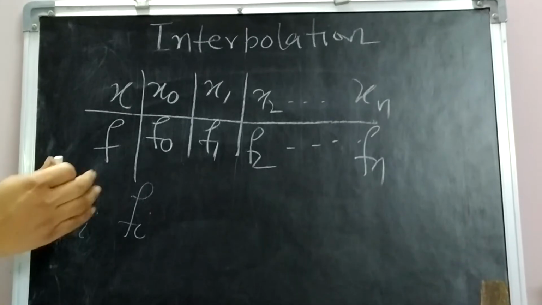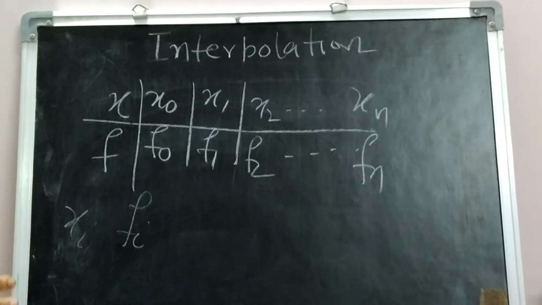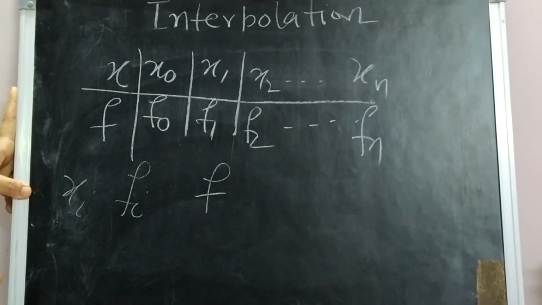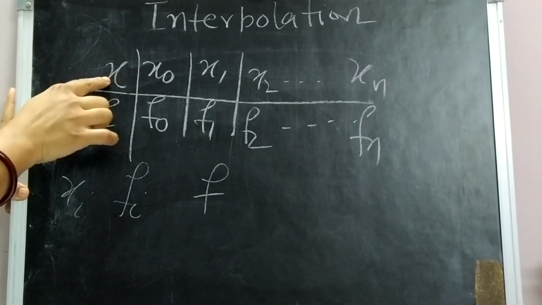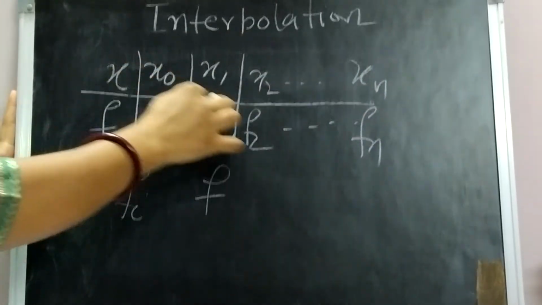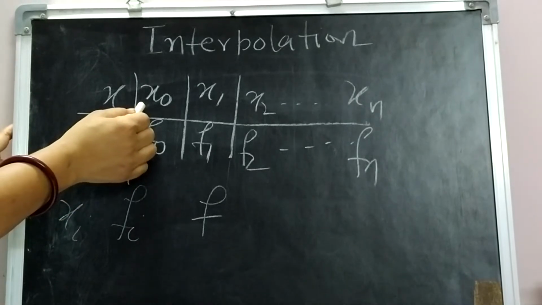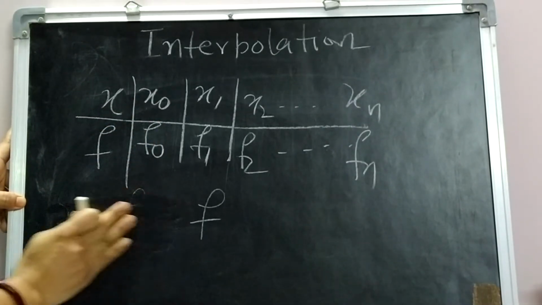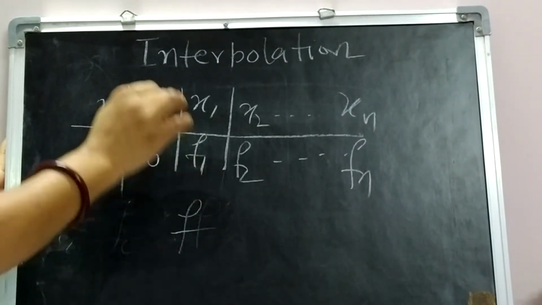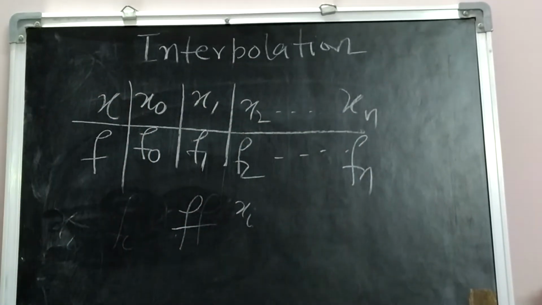But remember that this is only the data. The problem is to find the approximate value of the function f at some value of x which is not listed among the given values of x. I think the problem is clear.